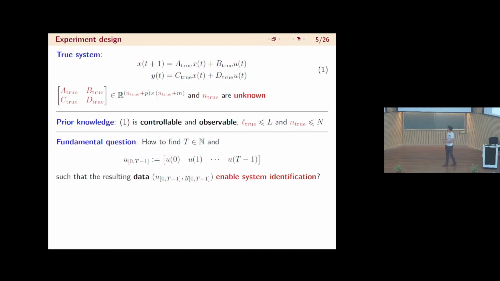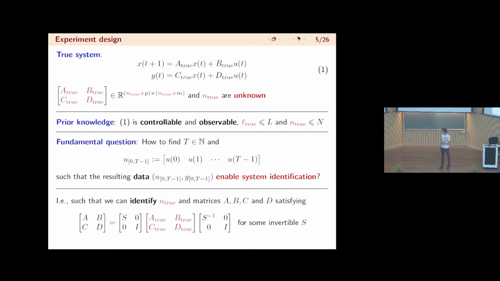So my question is going to be, how do I design these inputs in such a way that the resulting data enable system identification? In other words, such that the input-output data are informative for system identification. That means that the goal is to identify the true state space dimension n true from the data.